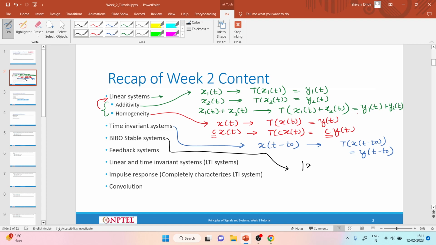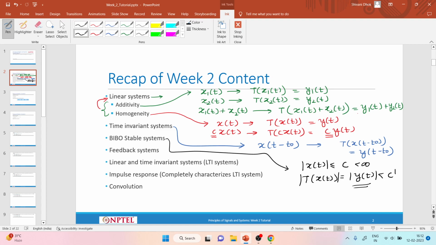If my input is bounded by some constant, let's say c, which is less than infinity, then for all such possible inputs, if my output is also bounded by some other constant, let's say c prime, that is, for every bounded input I am getting a bounded output, then the system is known as a BIBO stable system.